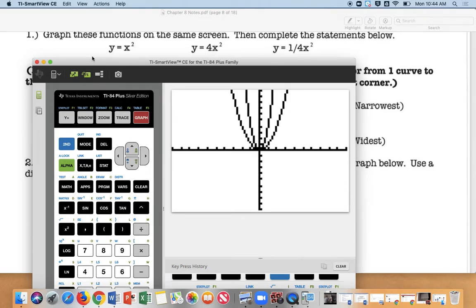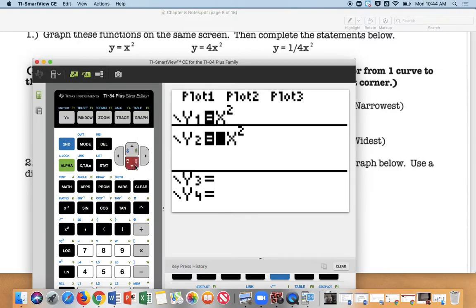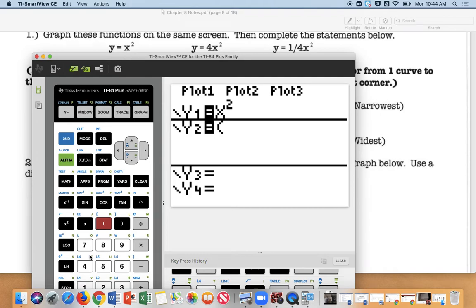Now let's see what this 1/4 does. If my conjecture is correct, if 4 made it closer, 1/4 should make it further away. So I'm going to clear out the 4x squared and put in 1 divided by 4, and then x squared.